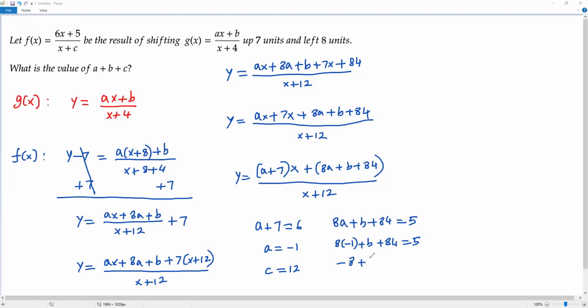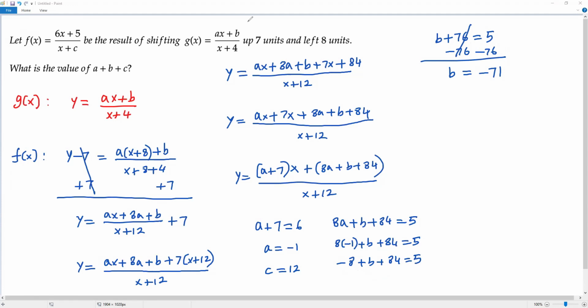Okay, -8 + b + 84 = 5. Now let's combine -8 and +84. Then I'm getting 76. That is, we have b + 76 on the left side, and on the right side we have 5. Let's subtract 76 from both sides to solve for b. This positive and negative value will cancel, so we have b on the left side. The simplification of the right side is -71.